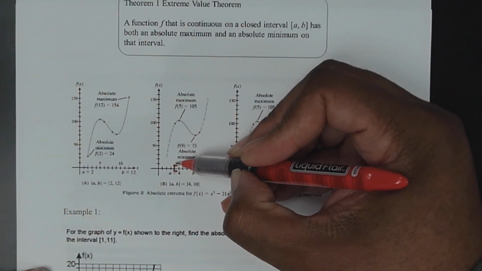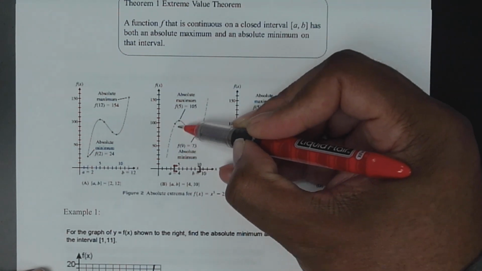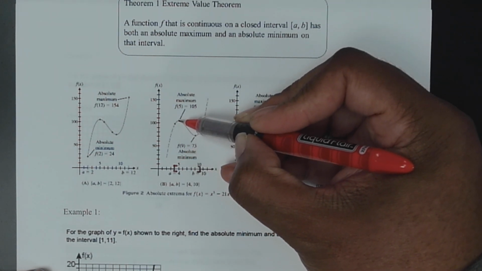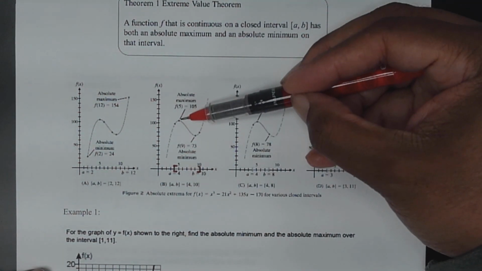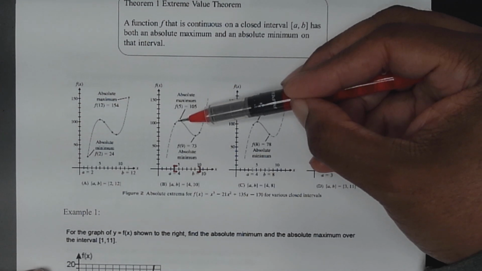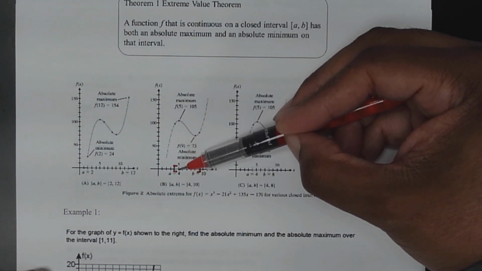You're going to see that right here is your absolute maximum. It occurs when x is equal to 5. The absolute maximum is 105 within that interval 4 to 10. It occurs when x is equal to 5.